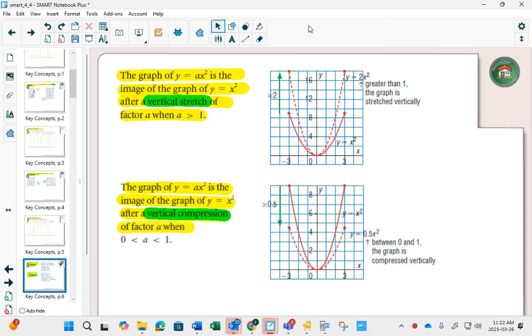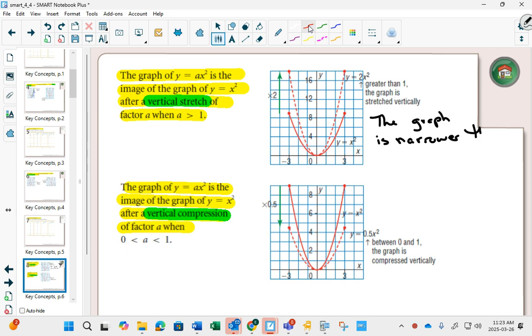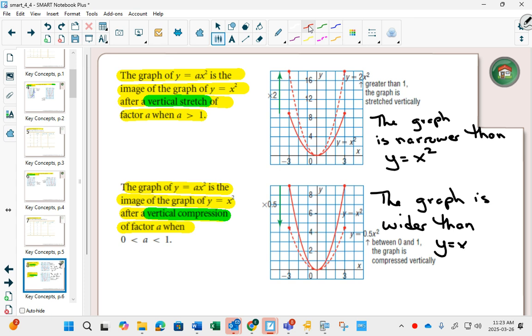But we'll also use in this unit narrower and wider. So if it's bigger than 1, it stretches the graph vertically, which causes it to become narrower than y equals x squared. And when it's between 0 and 1, it would be wider.